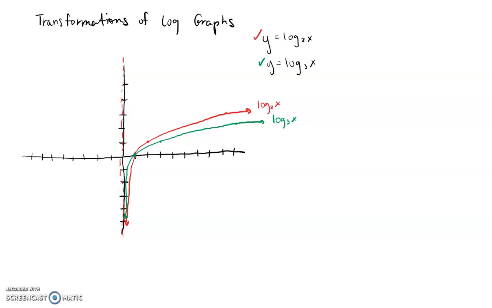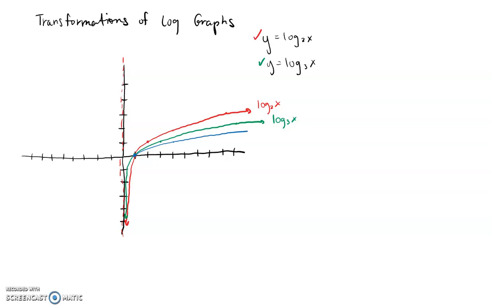Now we can take what we know about this and what we know about exponential functions, and we can probably predict what log base 4 is going to look like. So remember, for exponential functions, the bigger the base, the steeper it got. Well, the same idea with logarithms. If we wanted to graph log base 4, it would also cross at (1, 0), and it would get steeper.